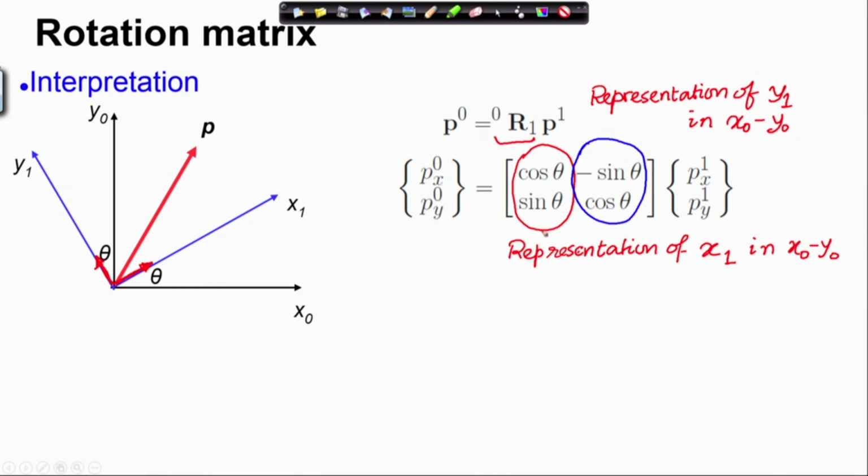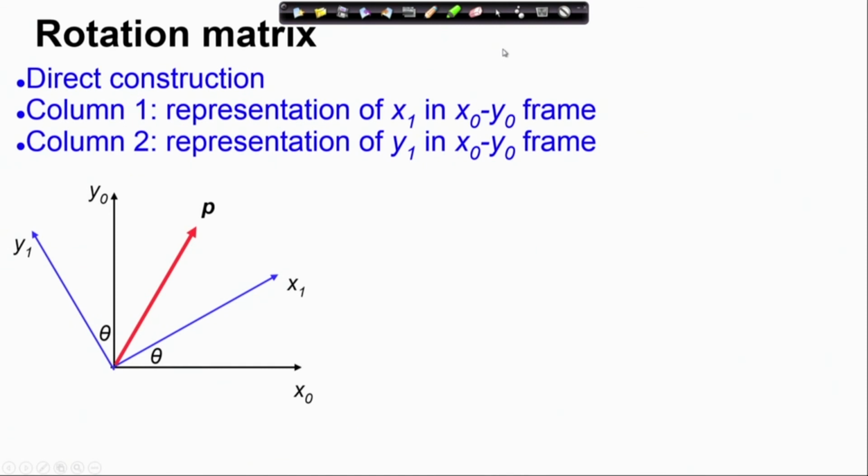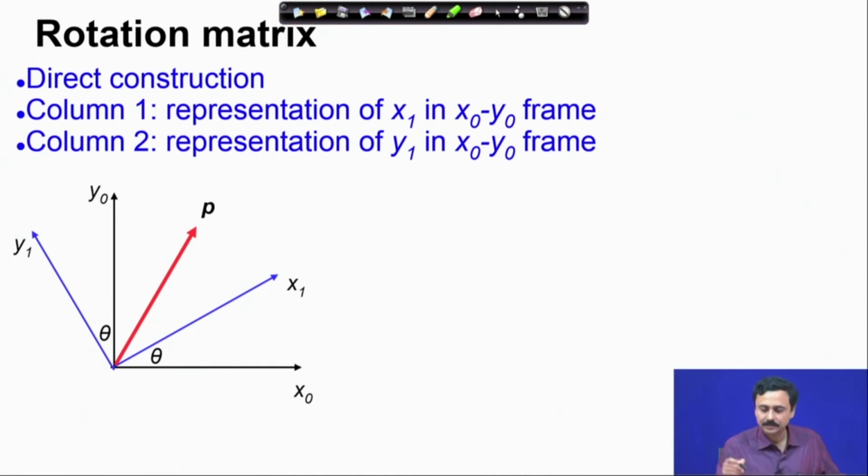So, the first column is the representation of x 1 in x 0 y 0, and the second column is the representation of y 1 in x 0 y 0. That constructs the rotation matrix 1 to 0. So, we can directly construct the rotation matrix.